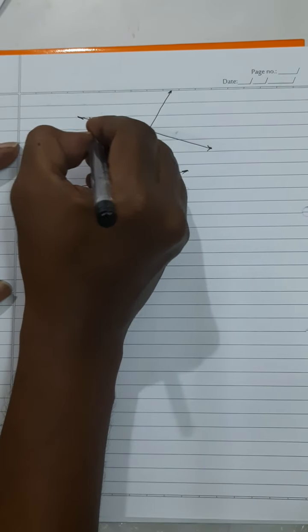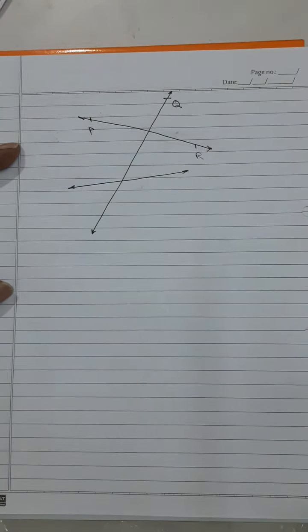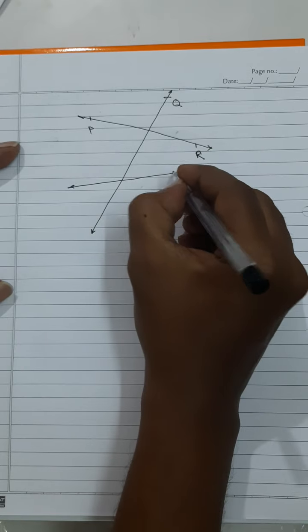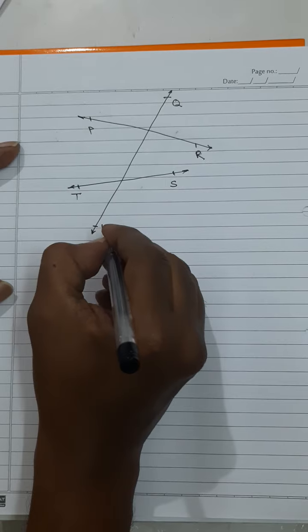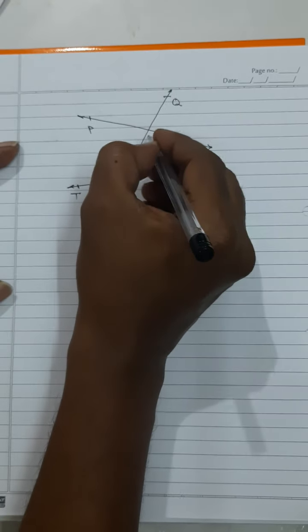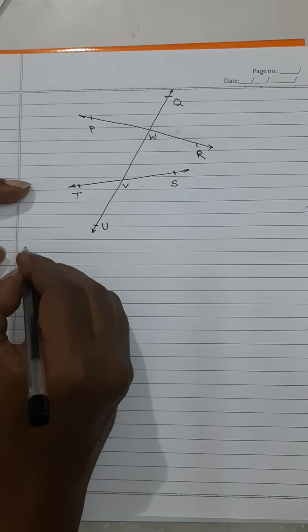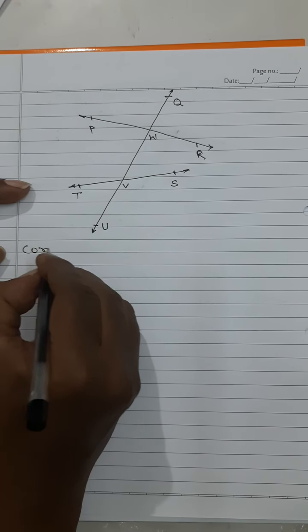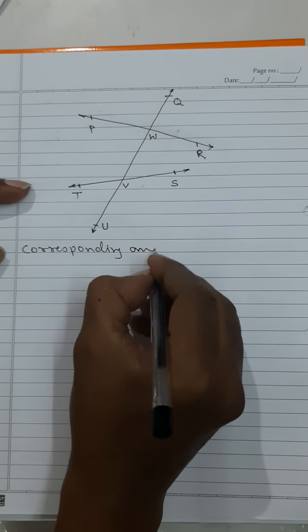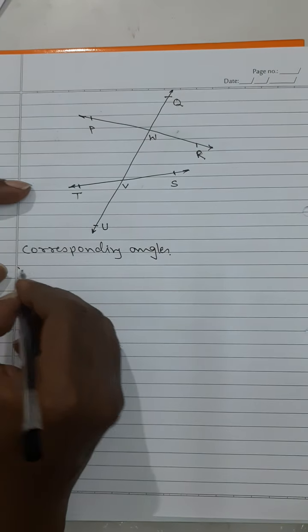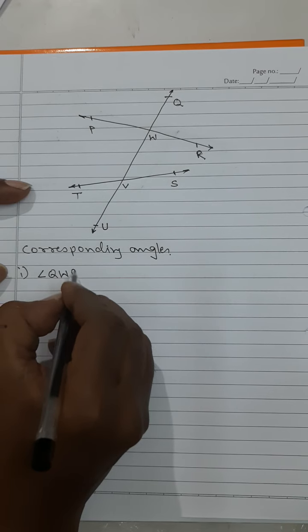And the points are P, Q, R, S, T, U, V, W. Okay, now you have to tell me the corresponding angles forming with angle QWR.